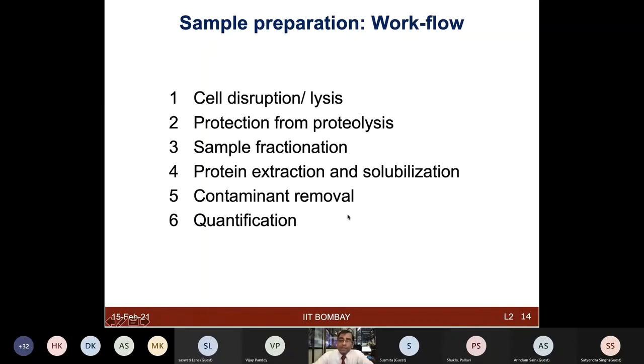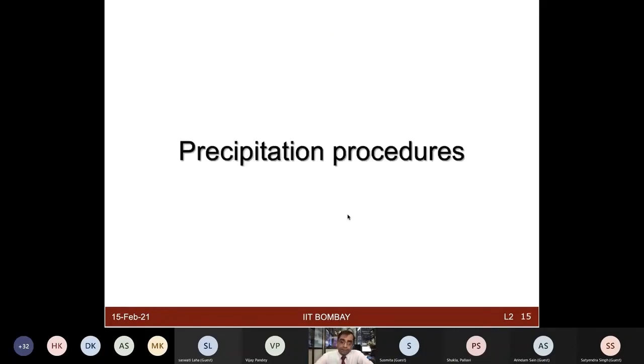Contaminants could be many things, from abundant proteins to salt to pigments, or for that matter nucleic acid, lipid, carbohydrate, anything other than protein is a contaminant, and you have to think carefully about how to make sure that those things are minimized or removed. And then of course protein quantification before you are ready for your next set of steps.